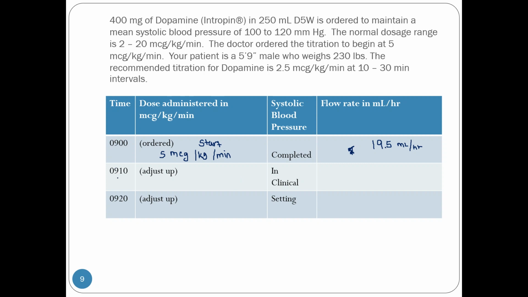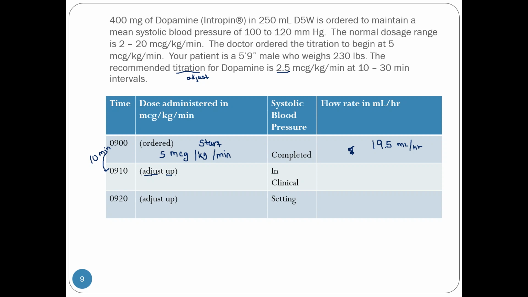So now we are told to adjust up. So we see that 10 minutes has passed. And we're told here, adjust up. So we had written this out on the previous slide, but it's here in the last sentence. So titration, that was the word adjust. That's the meaning of titrate.